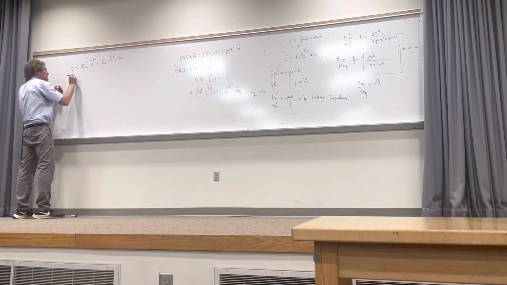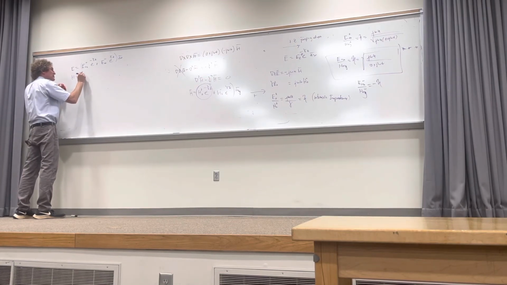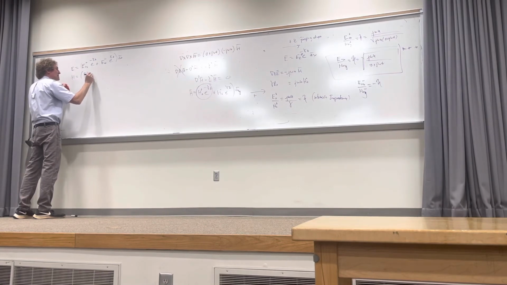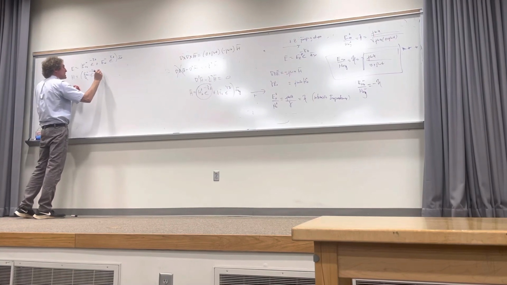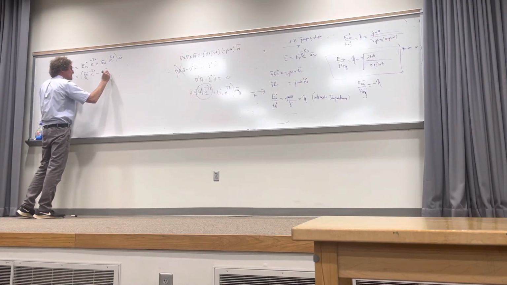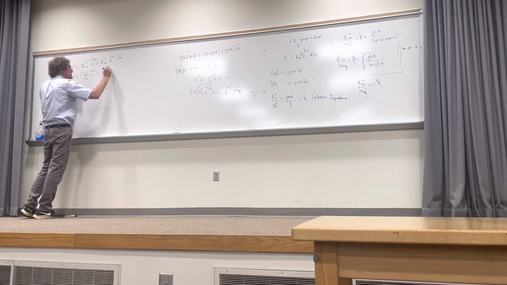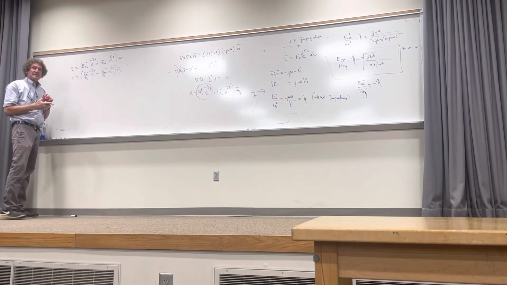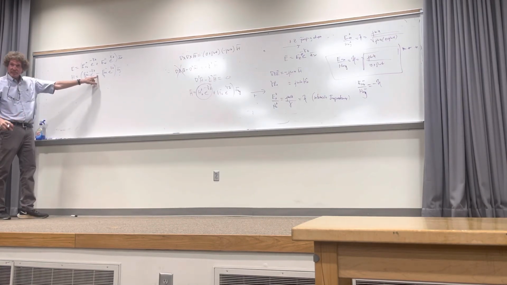And the H field now, instead of putting H naught, what we do is put the ratio, we put down E0X plus over eta times e to the minus gamma Z minus E0X minus over eta times e to the plus gamma Z. So that's the reason, see how that's negative there, not positive?